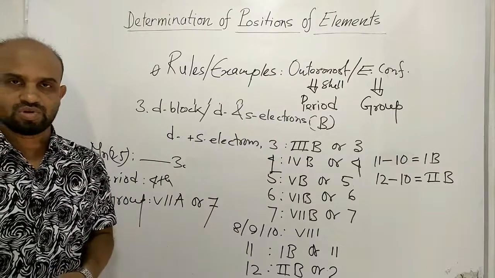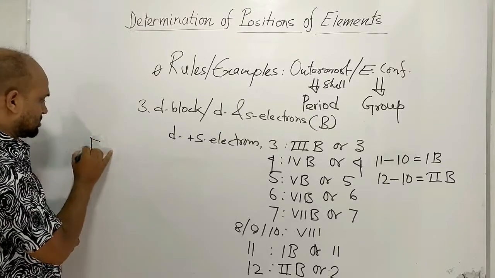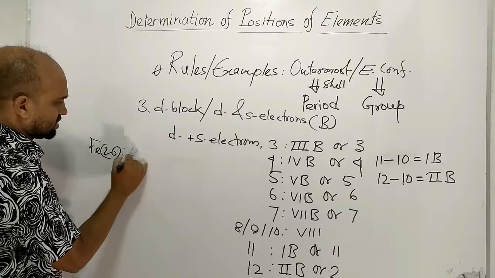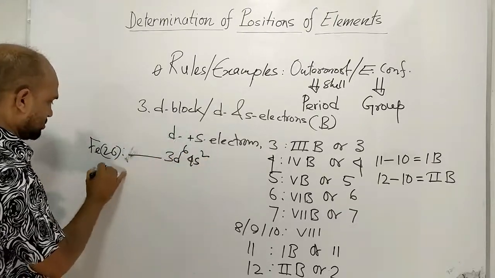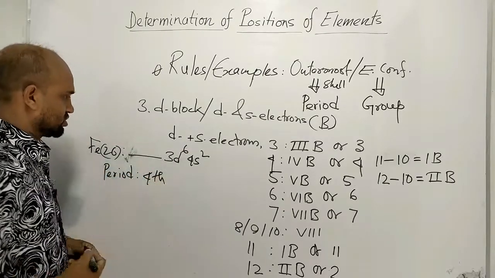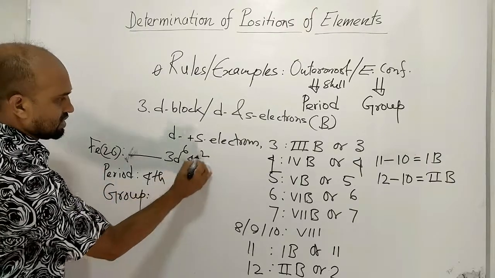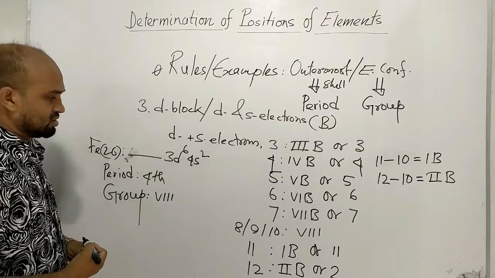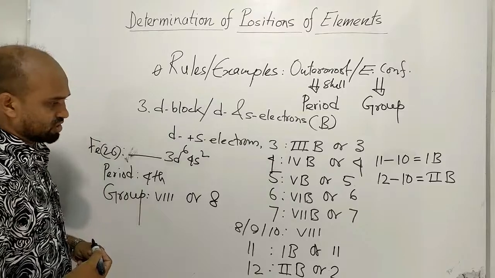Let's see another example. Now let's say iron 26. Electronic configuration is 3d6, 4s2. So its period is fourth period and group is 8 electrons, so it will be 8 or 8 in the most modern periodic table.